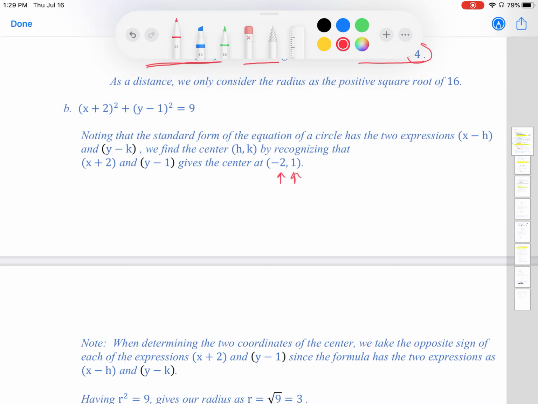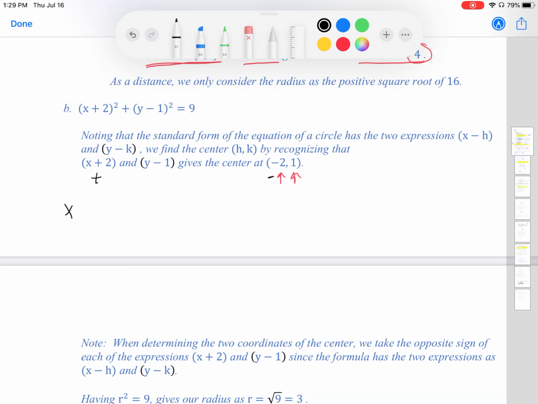and positive 1. But we're like, hey, if it's positive, why do we have a negative? Well, remember, it causes a sign change because our formula has that minus. So we wanted to make it fit that formula.